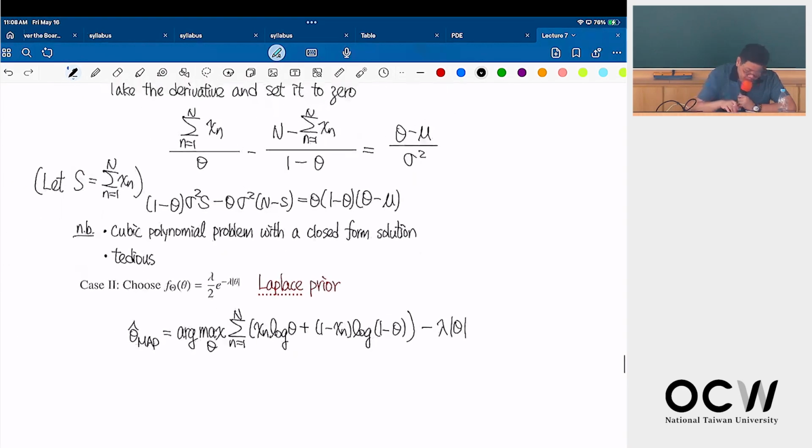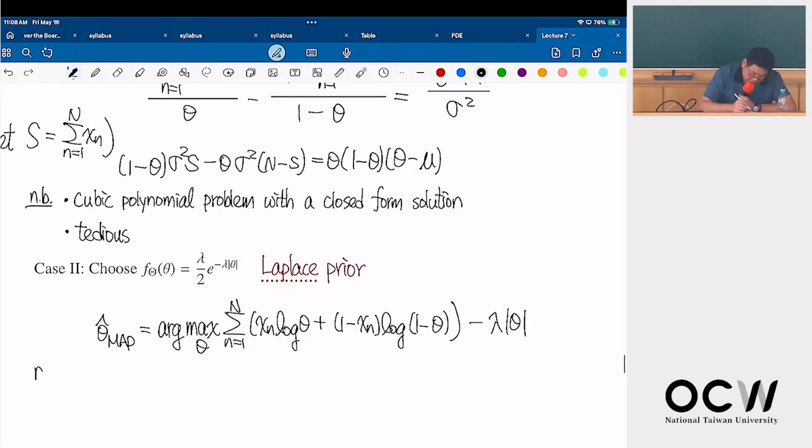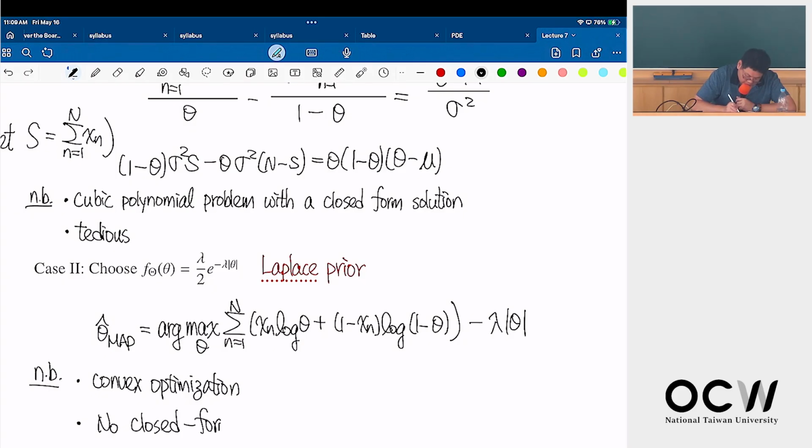For this one, we cannot get a closed form solution. It is a convex optimization, with no closed form solution. So maybe this is also not good.